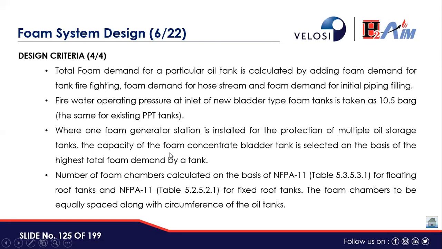The capacity of the foam concentrate bladder tank is selected on the basis of the highest total foam demand by a tank. The number of foam chambers is calculated on the basis of NFPA 11 as per table 5.3.1 for floating roof tanks, and as per table 5.2.1 of NFPA 11 for fixed roof tanks. The foam chambers are to be equally spaced along the circumference of the oil tanks.